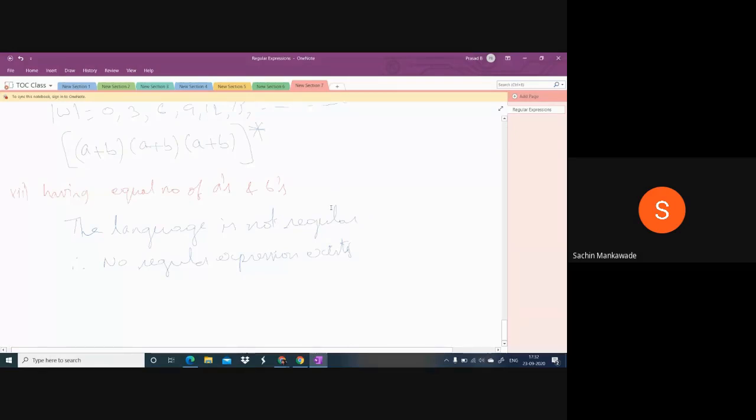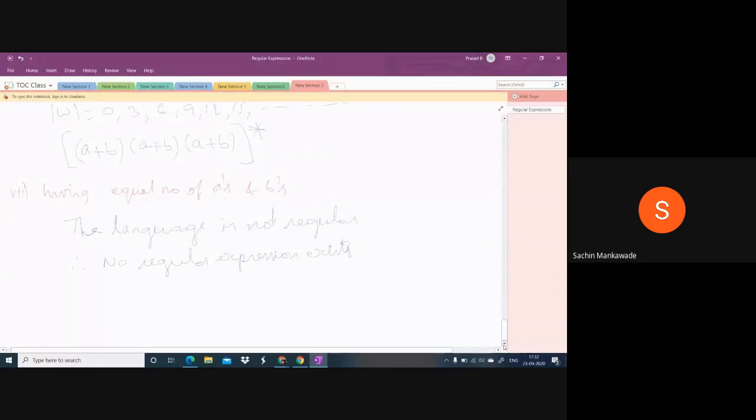So what is regular expression? How to write the regular expression for the languages we have done. Now we will see some identities, like formulas. These identities are very much useful while constructing a regular expression for a given finite automata.